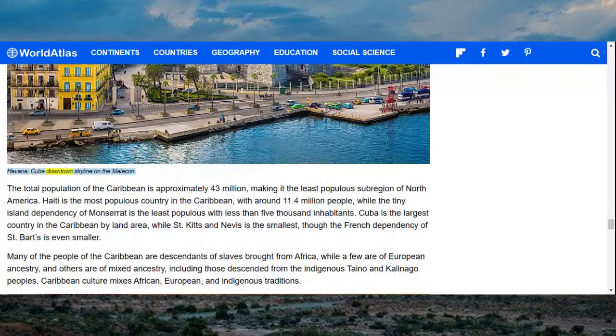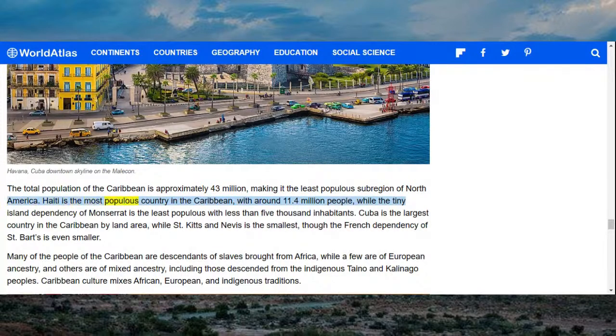Havana, Cuba downtown skyline on the Malecon. The total population of the Caribbean is approximately 43 million, making it the least populous subregion of North America.